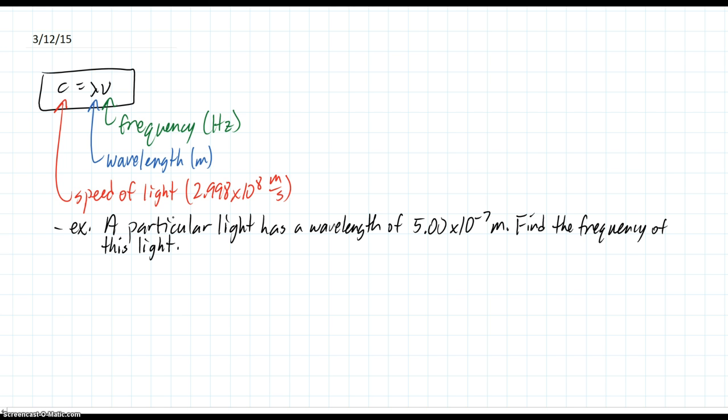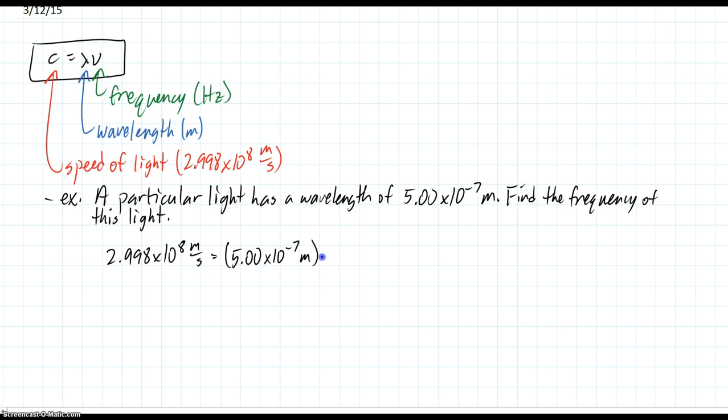So we start by plugging in the two numbers that we know. The speed of light, 2.998 times 10 to the 8 meters per second, equals the wavelength, which we've been given in meters, so we can go ahead and plug that in: 5.00 times 10 to the negative 7 meters times the frequency nu. And so nu is just like our x in a lot of your algebra problems.